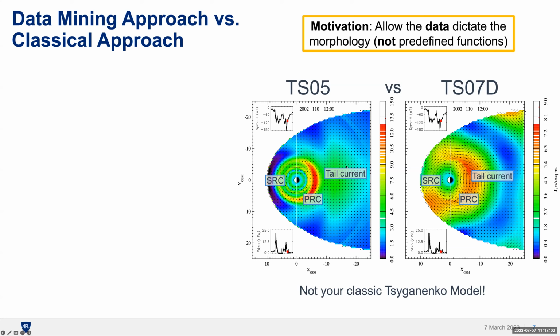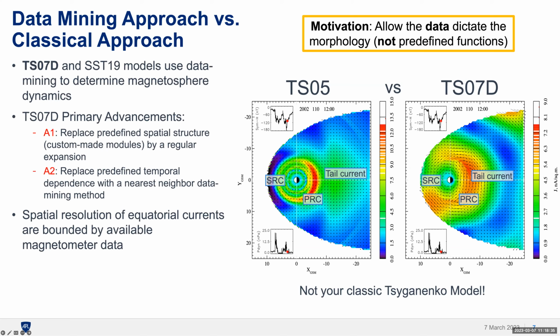You can see the tail current module, the partial ring current module, the symmetric ring current module. Whereas the TS07 approach utilized a general basis function expansion. I'm going to get into it more, but it doesn't have a predefined spatial structure in this equatorial plane. You can see how it still resolves the main current systems, but it does so in a much more natural way. It's allowing the data to dictate what this morphology is, not our hand-built cartoon picture of what the magnetosphere looks like.